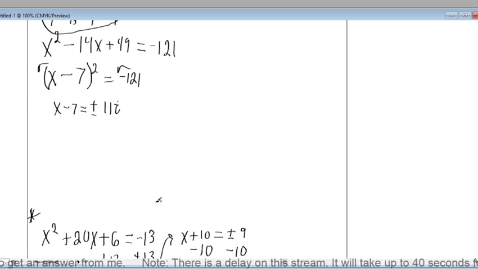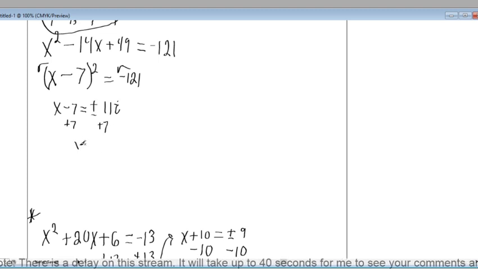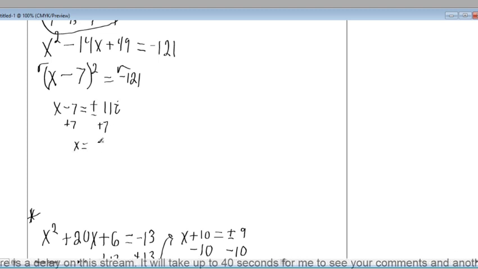Okay, so now we need to add 7 to both sides. And we get x is equal to 7 plus or minus 11i.